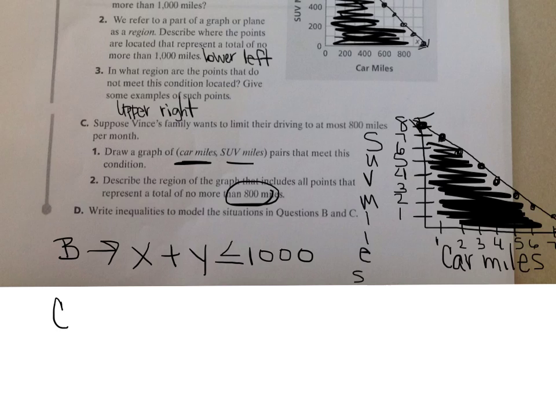For question C, x will represent the car mileage, y will represent the SUV mileage, and the sum has to be less than or equal to 800 miles. We use graphs to represent these situations where there are too many data points to list. That's why we graph our data.